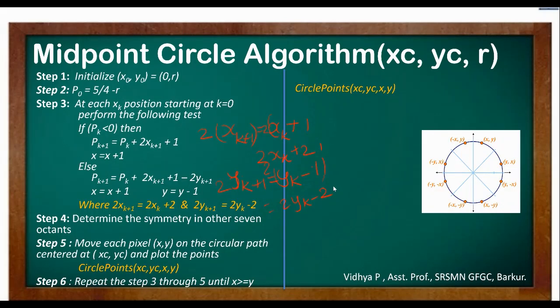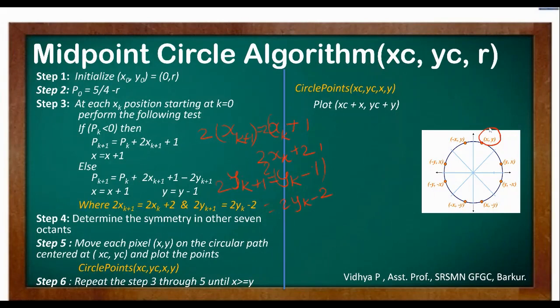We have calculated only one point x comma y, and we have to assign the other 7 octant values based on this x comma y. We want to move the value to the center xc comma yc, so we just add it to the calculated point x comma y.